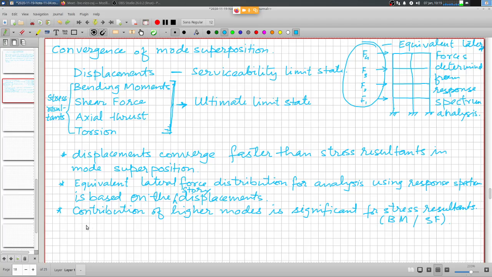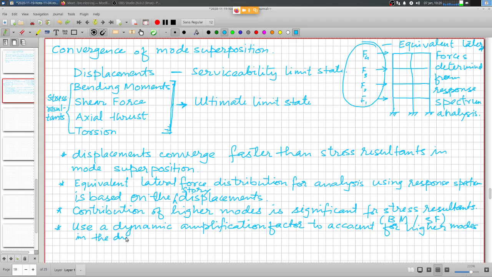That is typically done by using a dynamic amplification factor to account for higher modes in dynamic analysis.